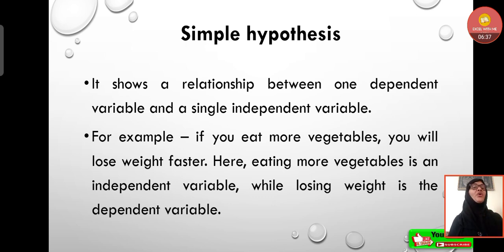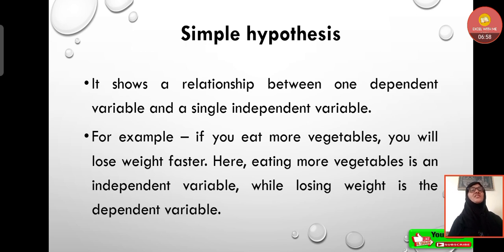Here, eating more vegetables is an independent variable, while losing weight is the dependent variable. On your eating habit, it depends whether your weight loses or gains. So, one dependent variable and one independent variable.